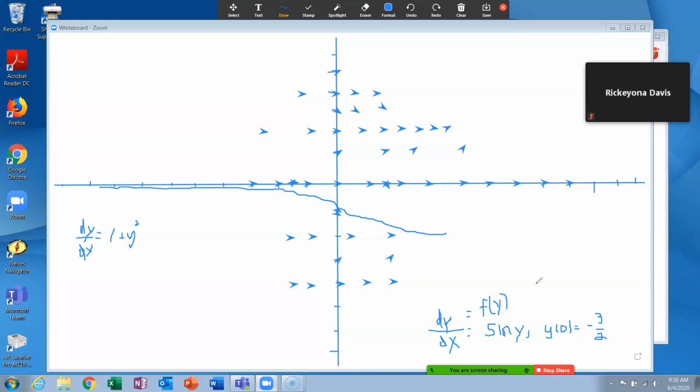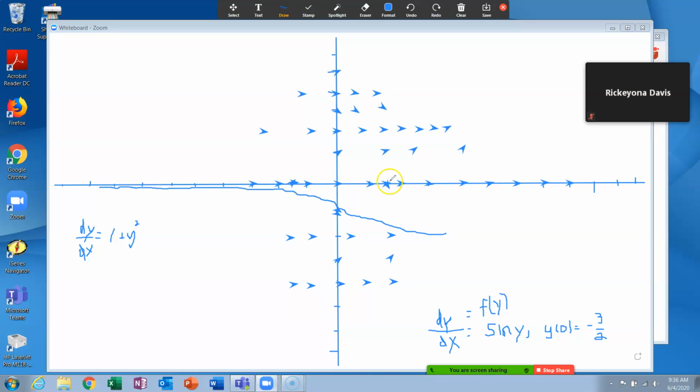Okay, these are critical points. Let's take a look here. Where are your critical points? Remember we said this was the autonomous differential equation, where your f of y is 0. In other words, where the slope is 0.